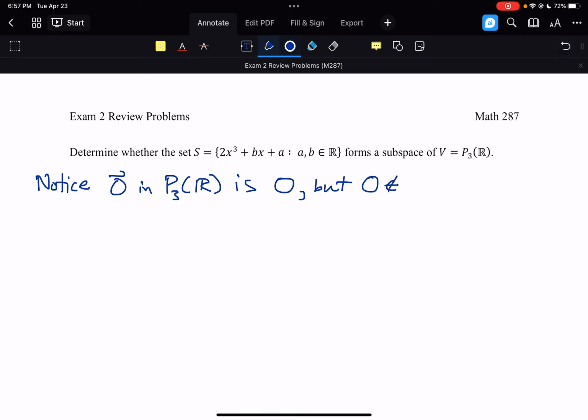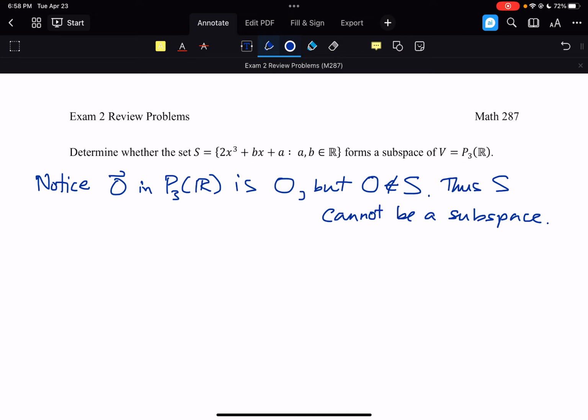So 0 cannot be in the set S. Thus, S cannot be a subspace. So if the question asked exactly this, does it form a subspace or not? The answer is no. It cannot be a subspace because it fails the zero vector check.